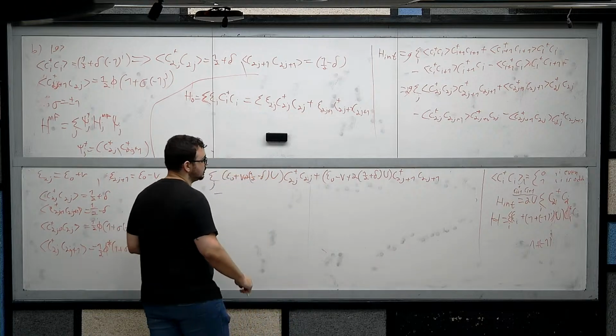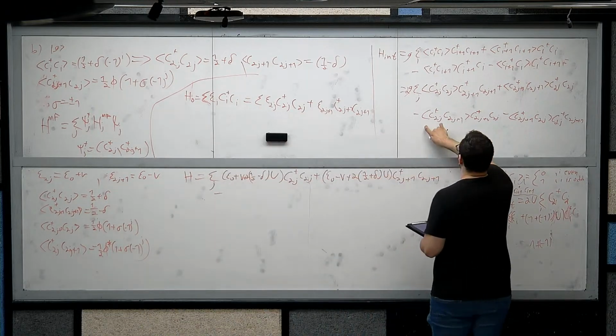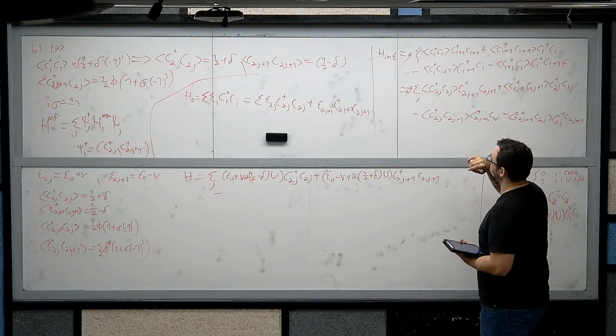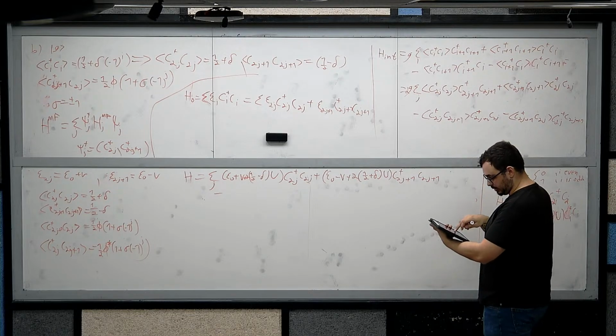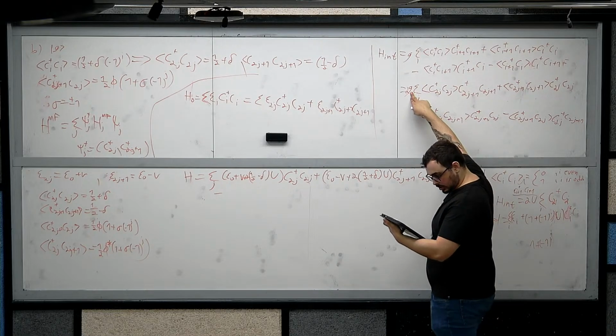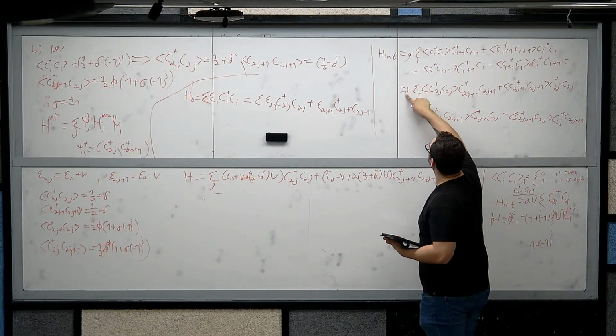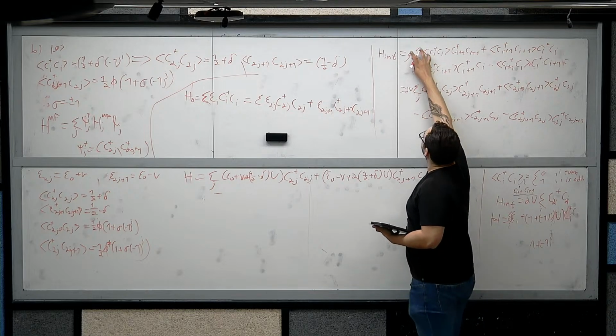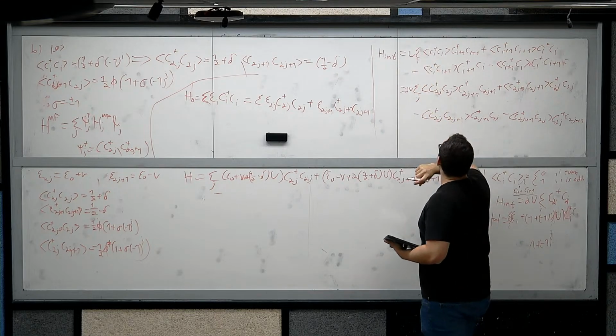And now the cross terms, here with a minus. Is it a G or U? No mistake, should be U, yeah. There's a U here, not a G. The G stuck with me from the last question.